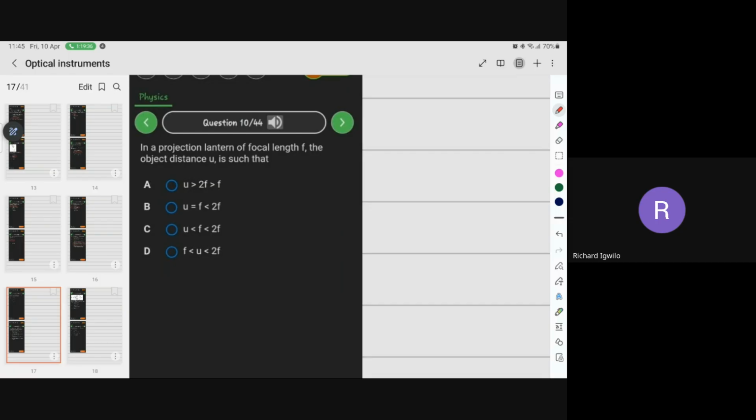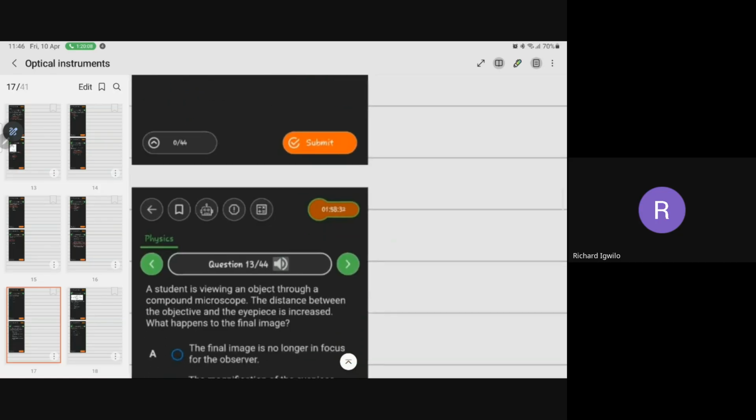There's no detail. That's your assignment. So go and check that lantern stuff. I think it should be in your New School Physics.